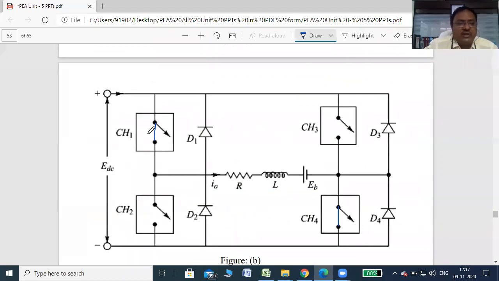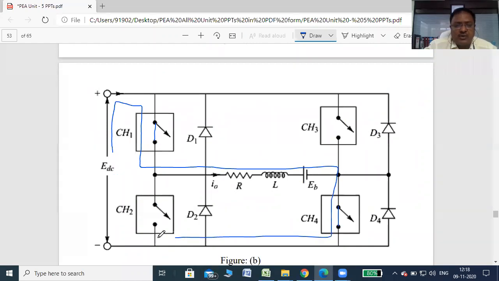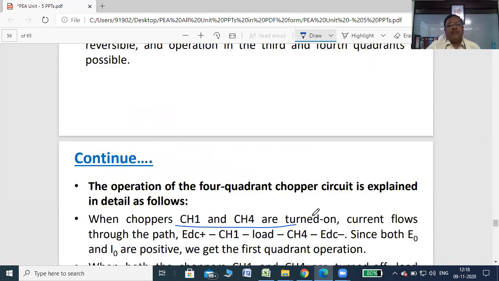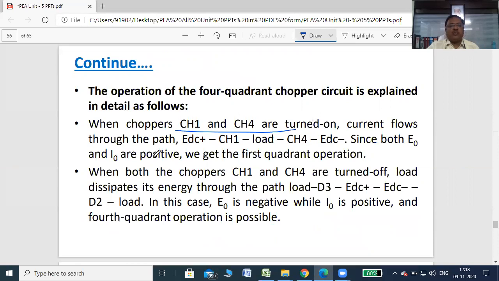So current starts to flow from EDC plus, CH1, then R, then L, then CH4, and then back to the EDC. This time the inductor stores energy in its magnetic field with the polarity as shown in the figure.